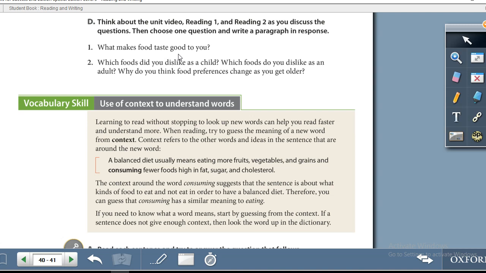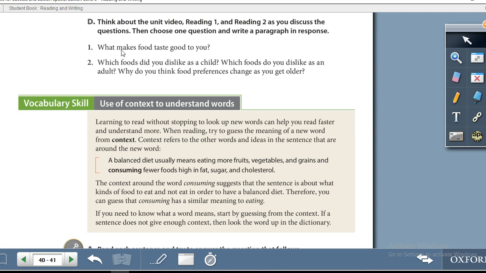You do not need to discuss it with a friend or a group. You can simply go through the readings again. You can watch the video again, and you can simply think about what you have learned. To help you understand what you have learned, they ask you to choose one question and write a paragraph in response. You do not need to write a big paragraph. You can simply choose a question and you can write a small paragraph.